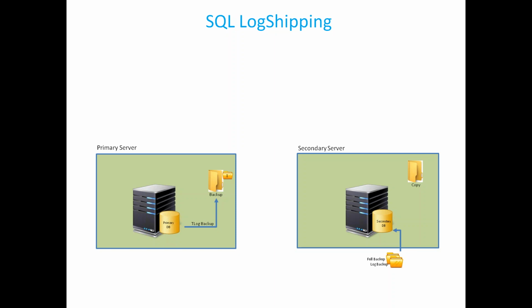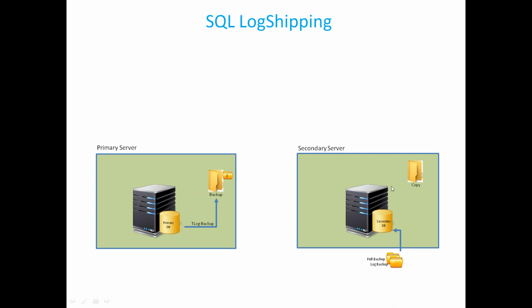The first job is to take log backups on your primary database. You can schedule how frequently you want it to run. The default is 15 minutes. That means every 15 minutes your log backup job will run, take the log backup of your primary database and keep it in the backup folder. And the next job is a copy job.